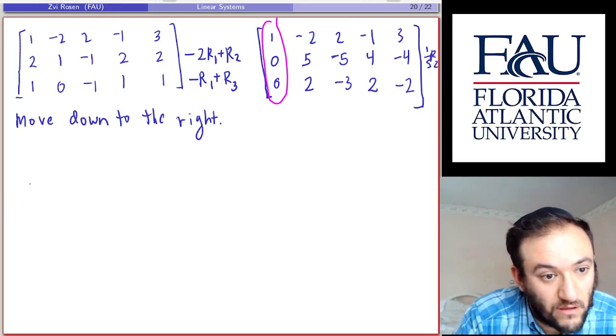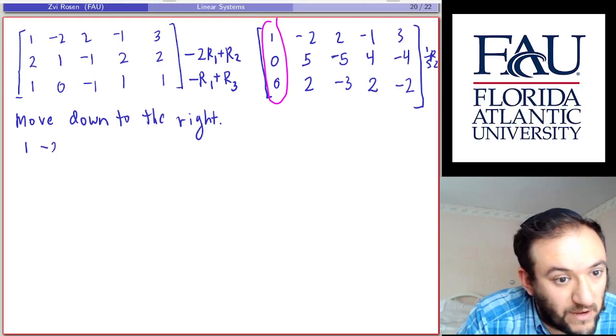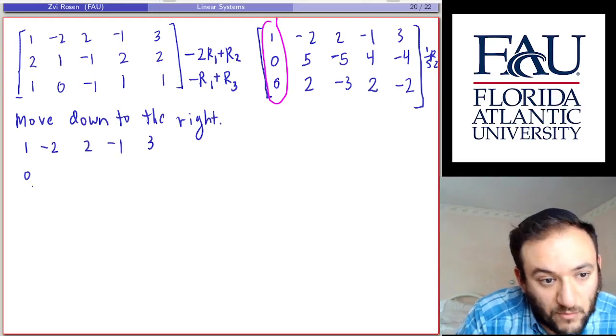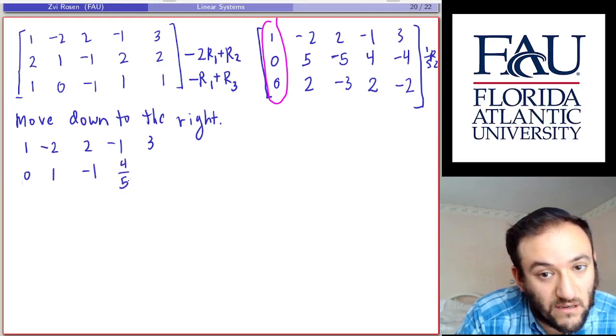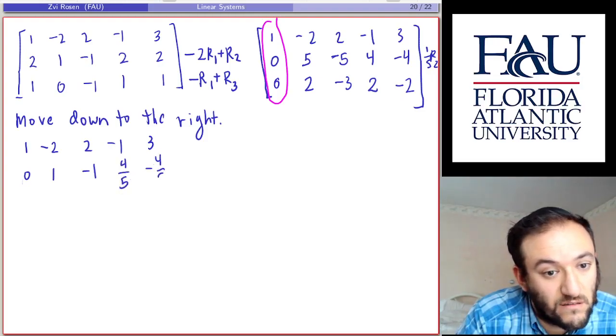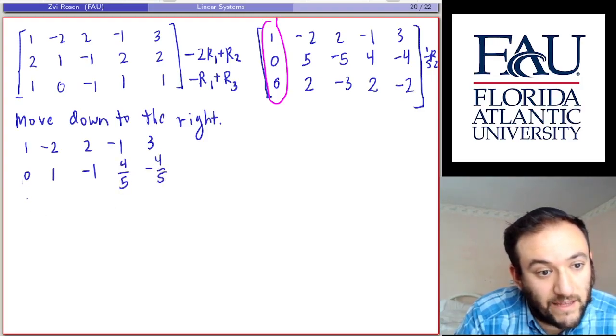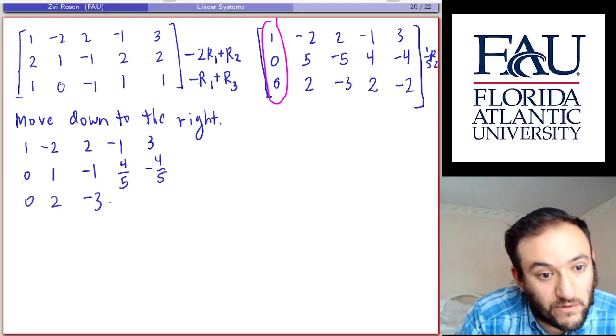So the first row doesn't change. We get 1, minus 2, 2, minus 1, 3. Now we're multiplying the second row by 1/5. So we get 0, 1, minus 1, 4/5, minus 4/5. And the third row doesn't change. We get 0, 2, minus 3, 2, minus 2.